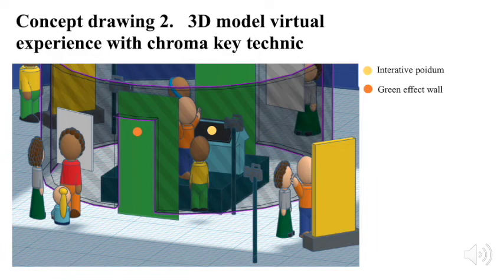By using this center podium, the visitors can decide which part of the images or which clothes they choose. On the right side of the image, you can see there are two little guys trying to have a photo with the chroma key background and the standing 3D device.